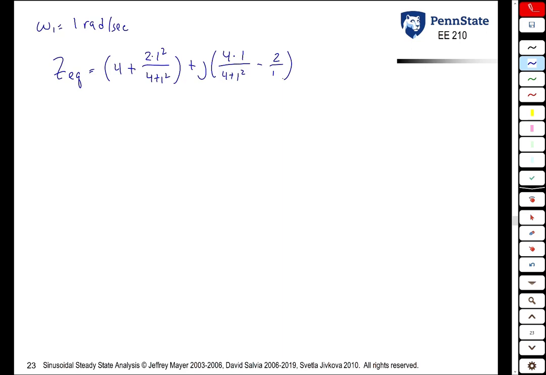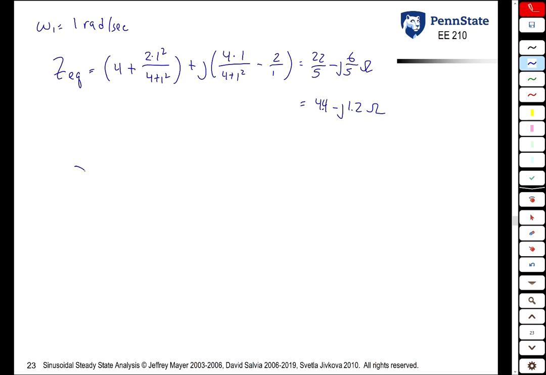You work out the math, you get 22 fifths minus j 6 fifths of an ohm, which equals 4.4 minus j 1.2 ohms.